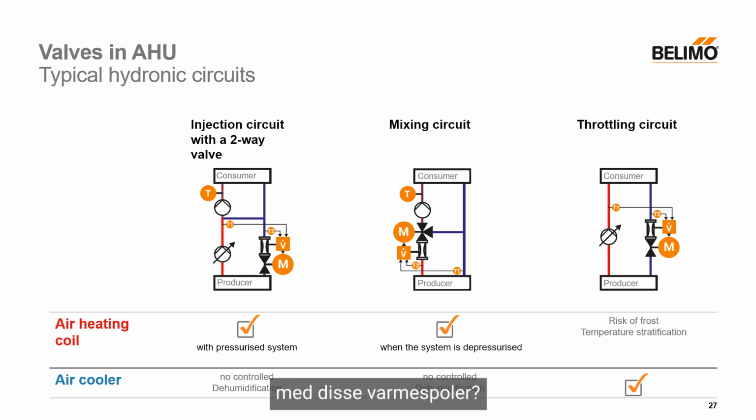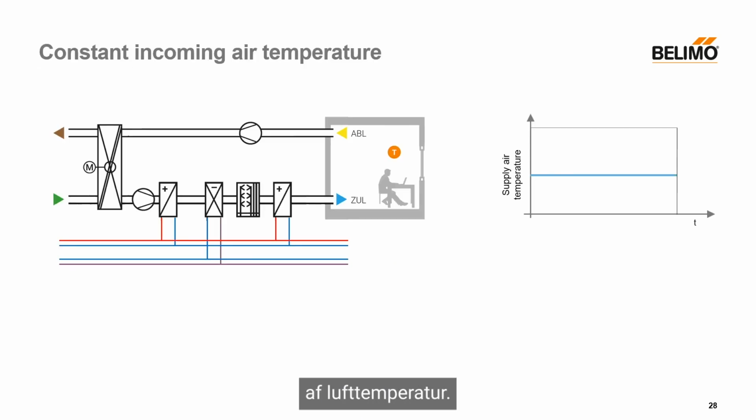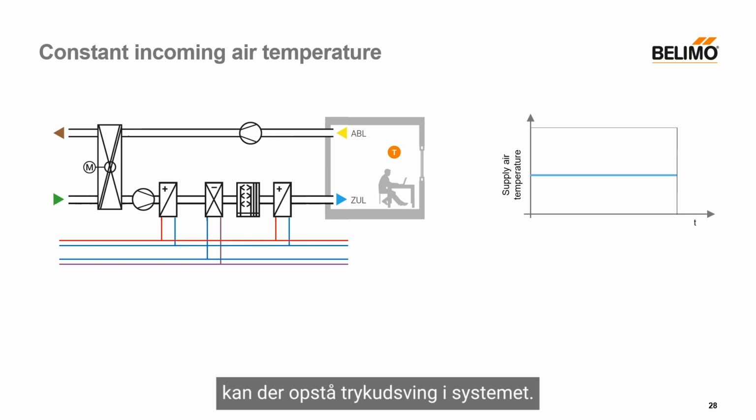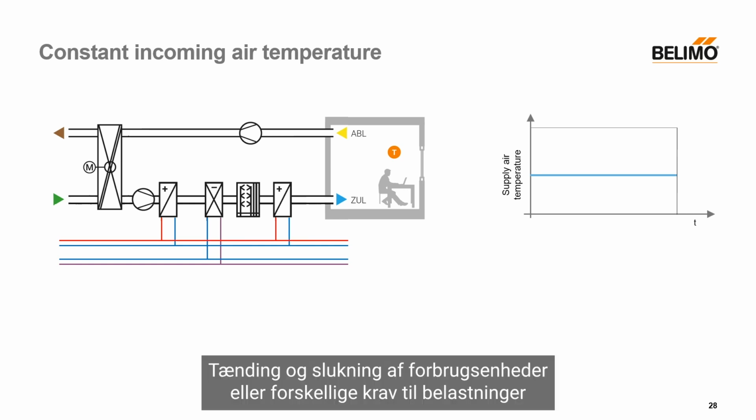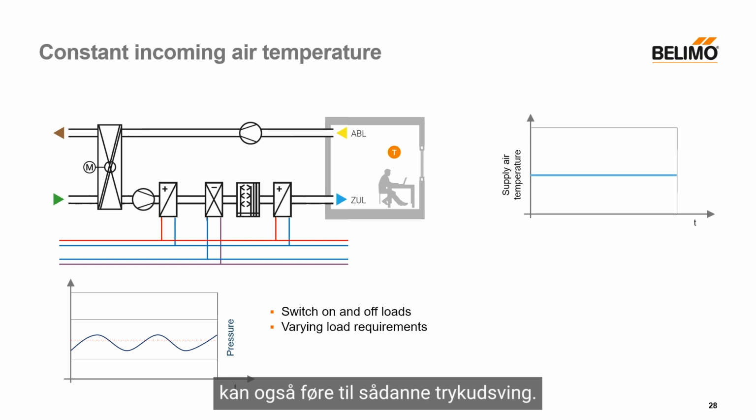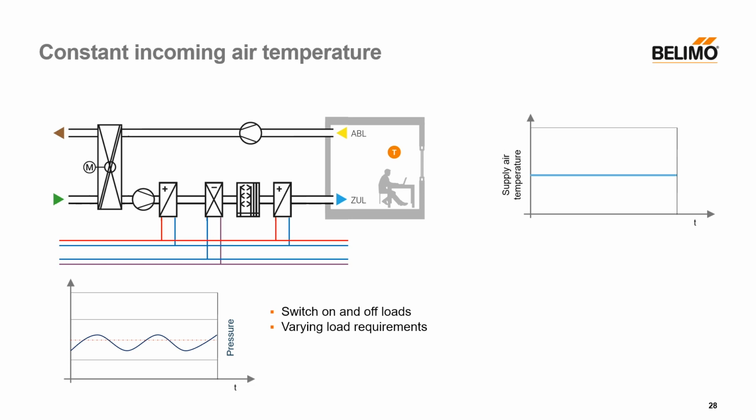What is the goal that you want to achieve with these heating coils? You want to achieve a constant supply air temperature. Since water is incompressible, pressure fluctuations can occur in the system. The switching on or off of consumers or different load requirements can also lead to such pressure fluctuations.